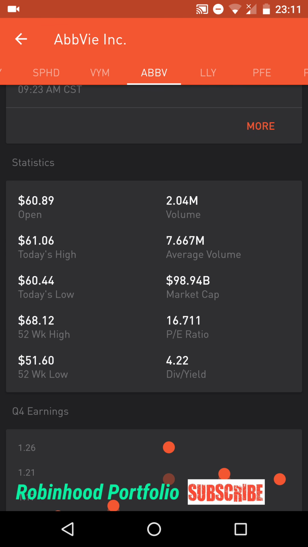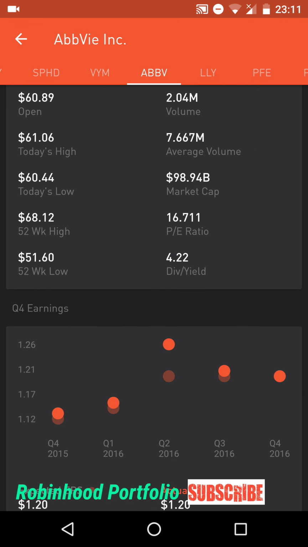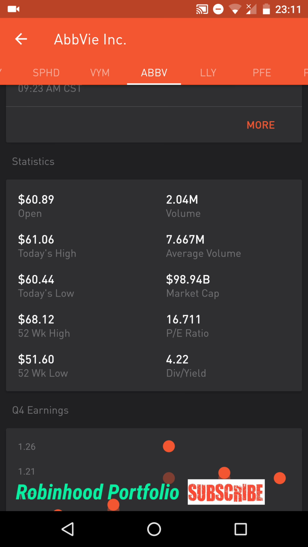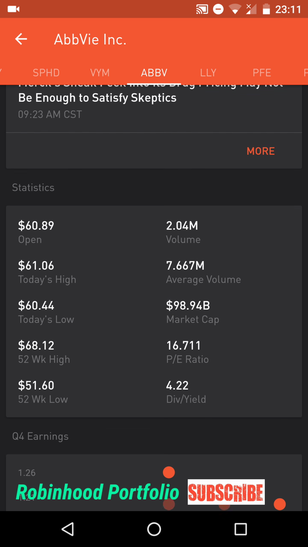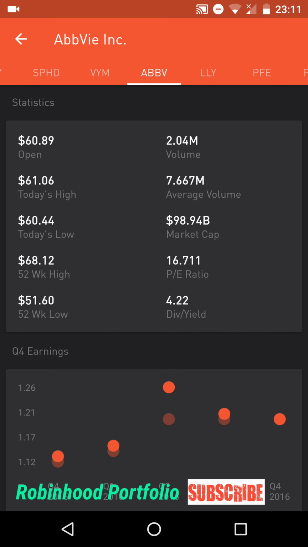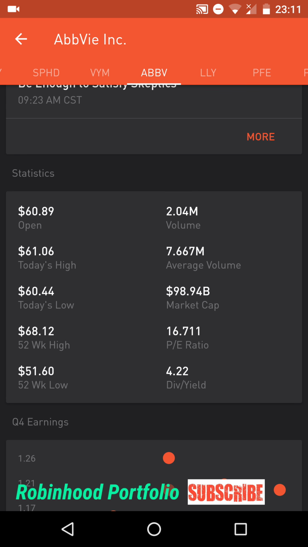So the PE ratio overall is used to compare companies in the same market sector. You can't really compare between companies in different market sectors. It gives you an idea if a company is undervalued or overvalued. If a PE ratio is very low, you may consider that company to be undervalued. If it's very, very high, that may be an overvalued company.